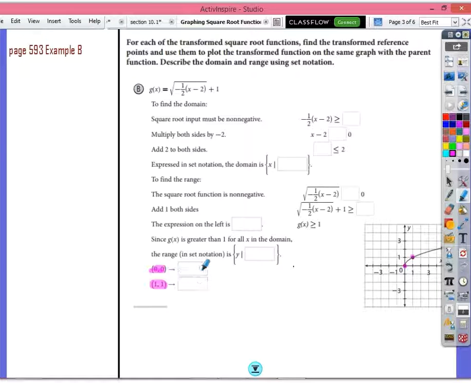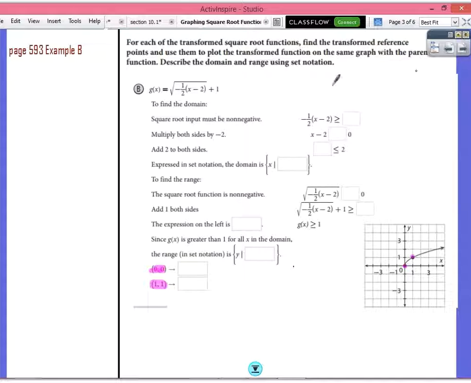What we want to do is figure out when we apply this transformation to this parent function, then how will these 2 points be affected? What will they change to? What will be the coordinates of those 2 points after this transformation? But we also want to describe the domain and range of this function.